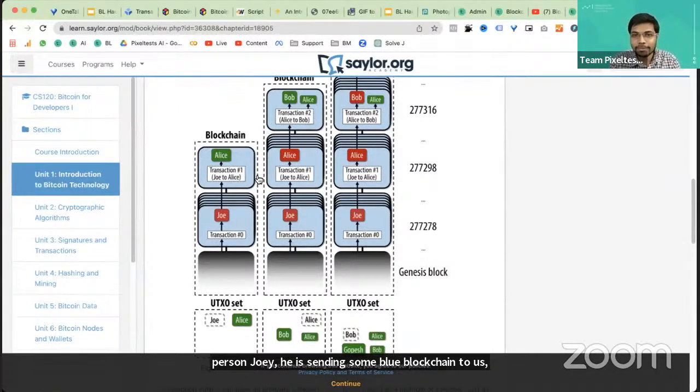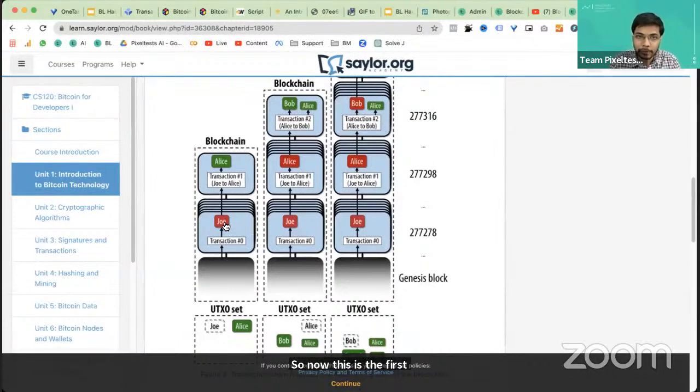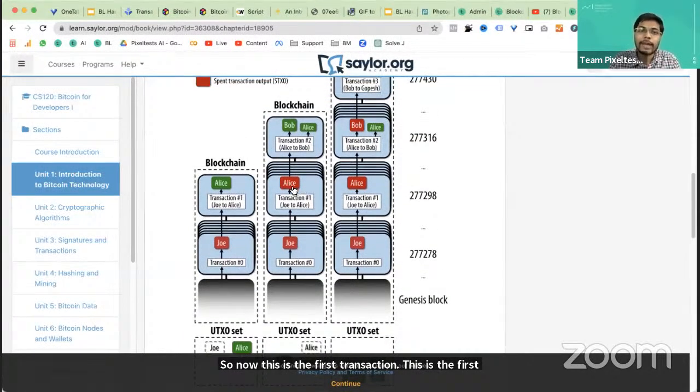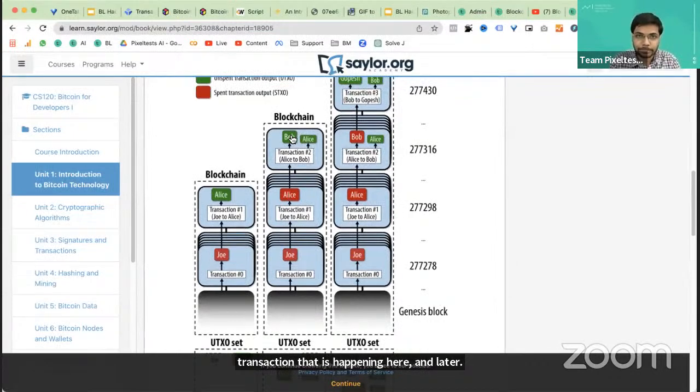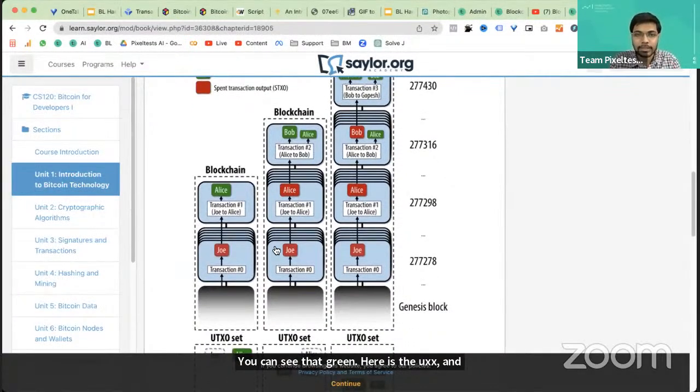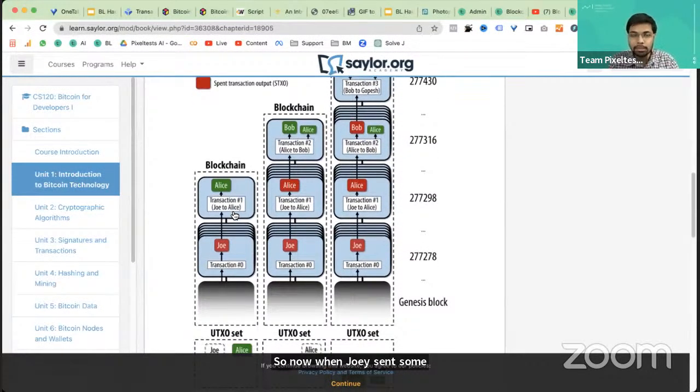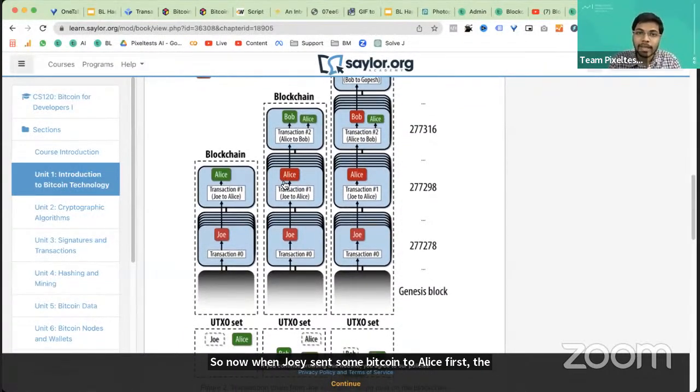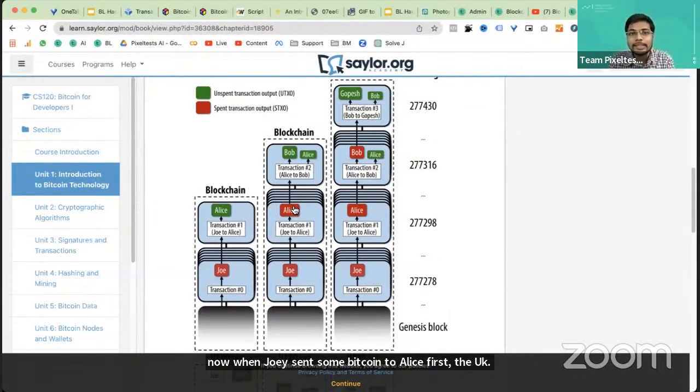So now this is the first transaction that is happening here. And later, if Alice is trying to send something to Bob, right? You can see that green here is the UTXO and red is the spent. So when Joey sent some Bitcoin to Alice, first the UTXO got created, and when Alice sent it to Bob, that got converted into a spent transaction output.